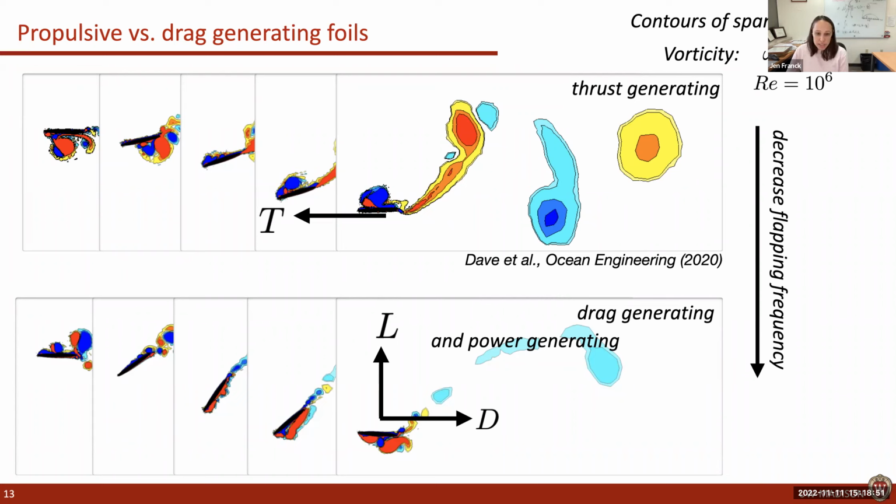As we oscillate up and down, there is a large drag force on these foils, but there's also a large lift force. The two come hand in hand, and that lift force is what we want to generate in order to create power. So although the motion looks similar, we're operating in a very different regime from propulsive foils.